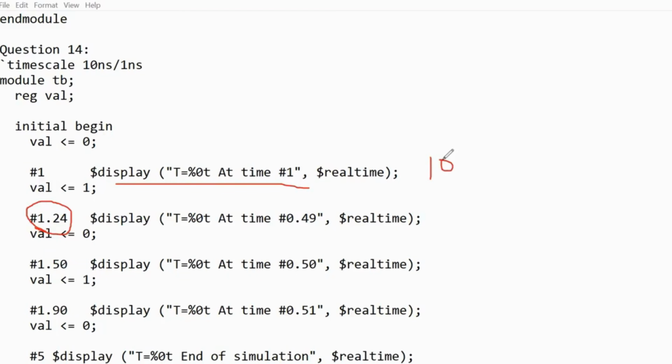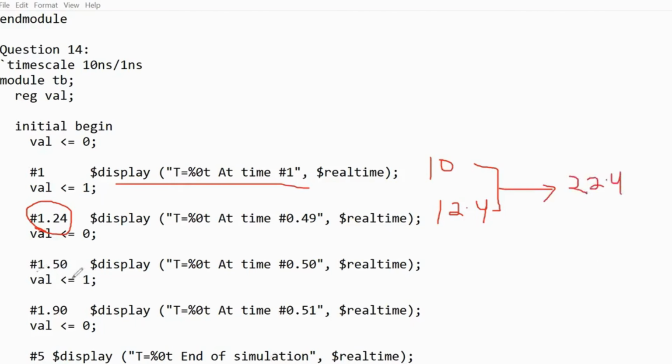Add the delay. 10 into 1.24, is it 12.4, right? So you need to add these two delays. Then what will be the output? 10 plus 12.4, it is 22.4, right?